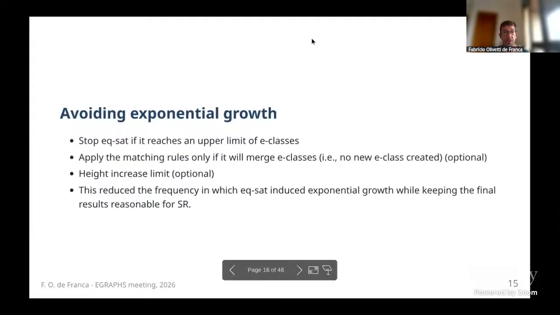Another one is a height increase limit. When I am applying a replacement rule in the graph, and the height of the best expression of any node reaches a certain height, this rule is not going to be applied to the graph.